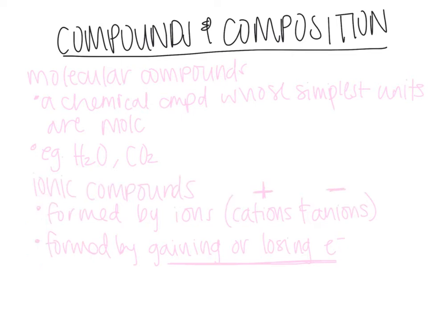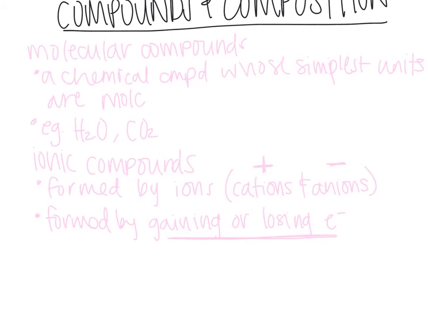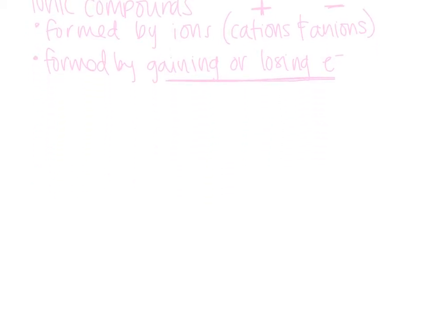An example of an ionic compound is this Al2(SO4)3.